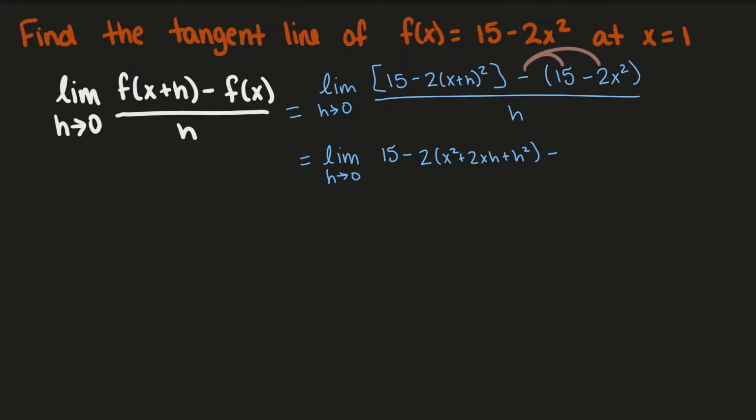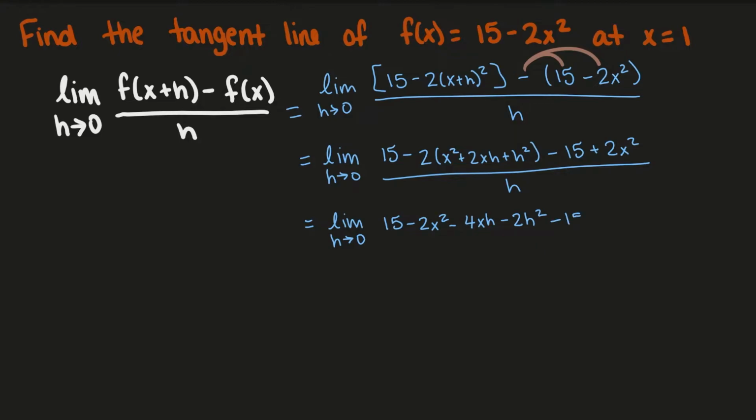So this would be minus 15 plus 2x squared all over h. Now we can distribute our negative 2, so we're going to get the limit as h goes to 0 of 15 minus 2x squared minus 4xh minus 2h squared minus 15 plus 2x squared all over h.